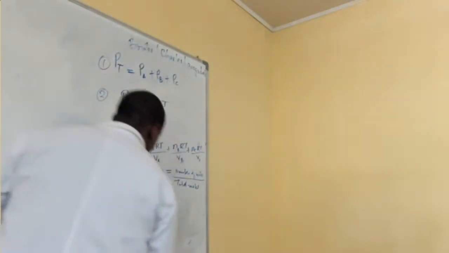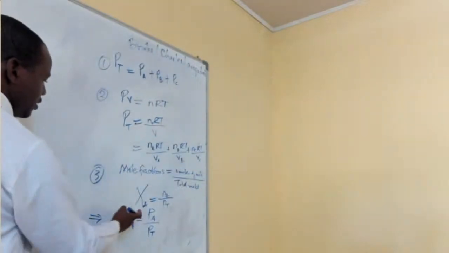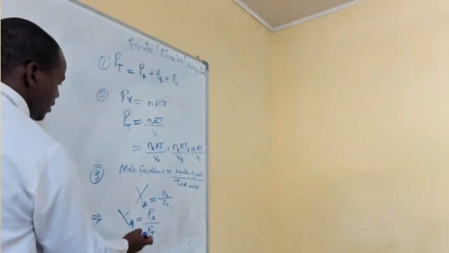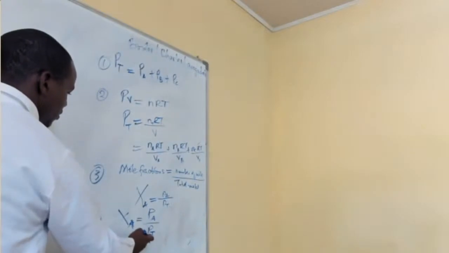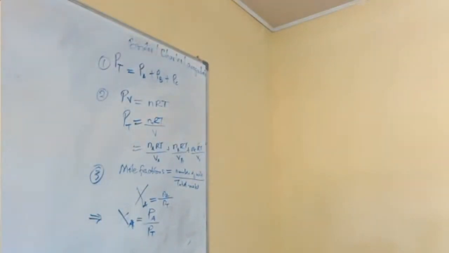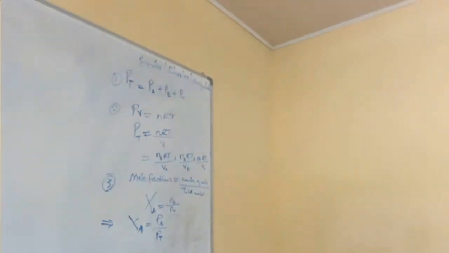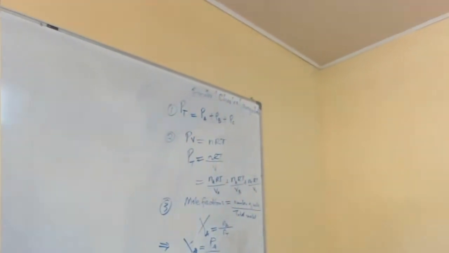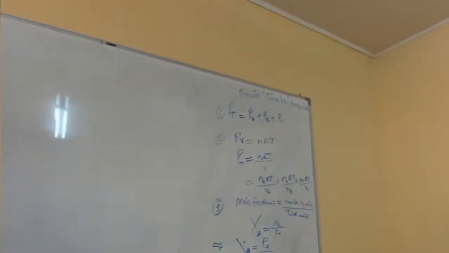So what we are trying to say is that you can calculate the mole fraction using the number of moles or using pressure. If you are given pressure, you can still calculate the mole fraction.